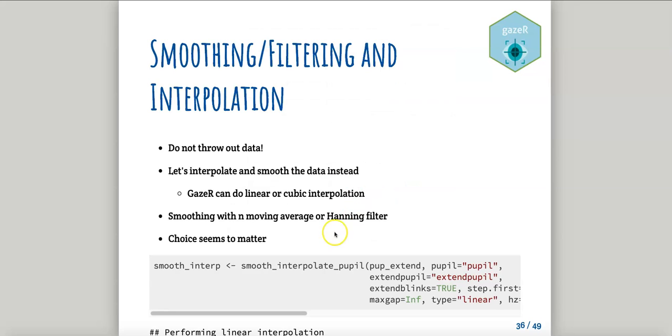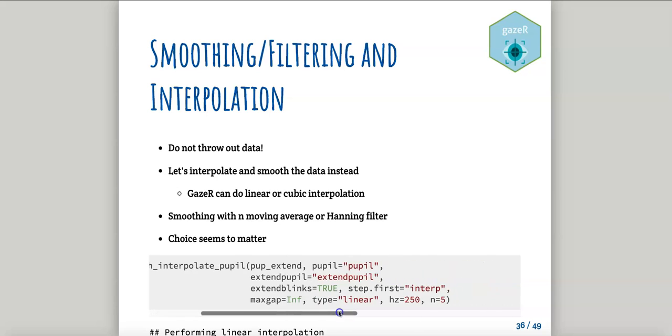To smooth and interpolate your data, as I said before, it's all in one function now. You can use the smooth_interpolate_pupil function. To use that, you need to have the data frame or the tibble that you're using, and then the pupil column name, what you called your extend pupil column, whether you extended the blinks or not. So if you did, you have to list that as true.